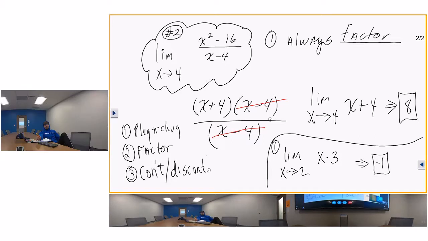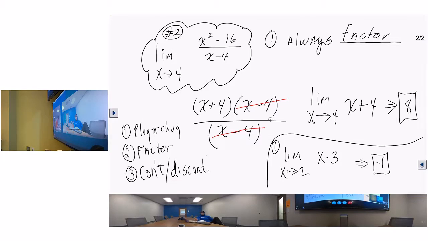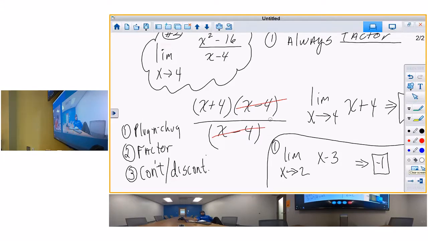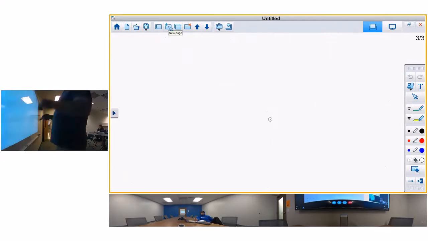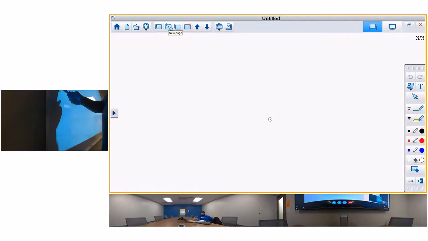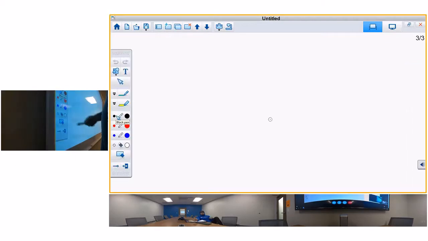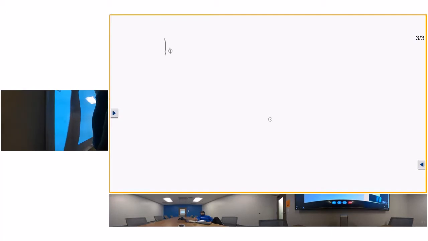Okay, so let's do another one right quick, because I want to give you enough to go on, at least if you start some of chapter 1. And some of them are real simple. Let's go with the limit as x approaches 5.